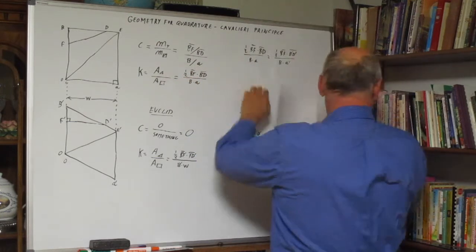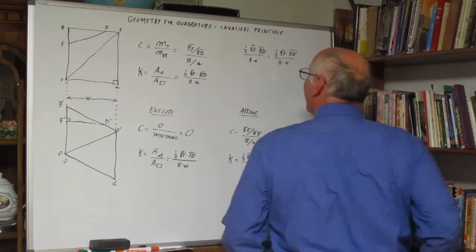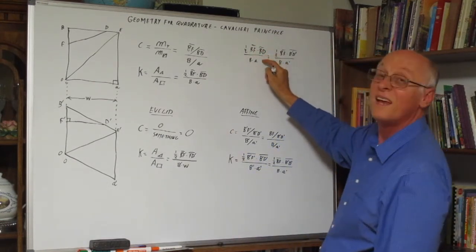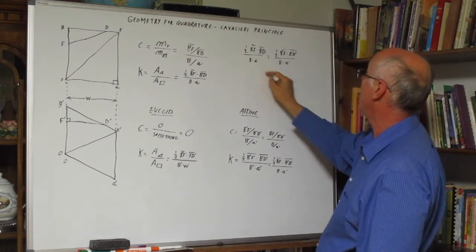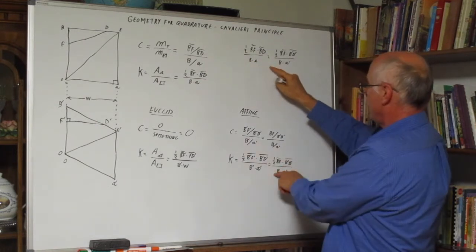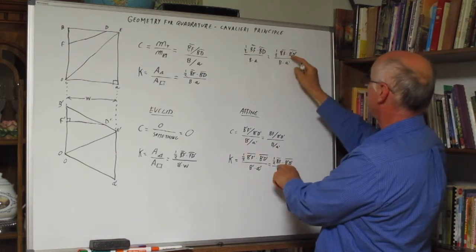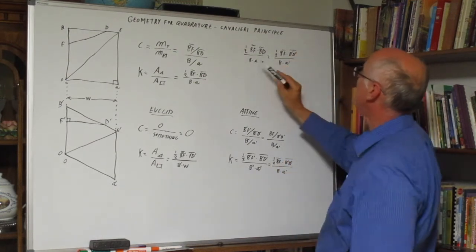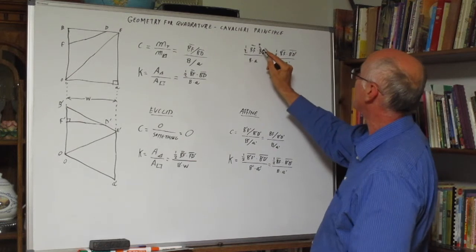So let's look at that. What have we got? Well, 1/2 BF times BD, the whole thing over BA, is equal to 1/2 BF times B prime D prime all over B A prime. Well, we can cancel this out.